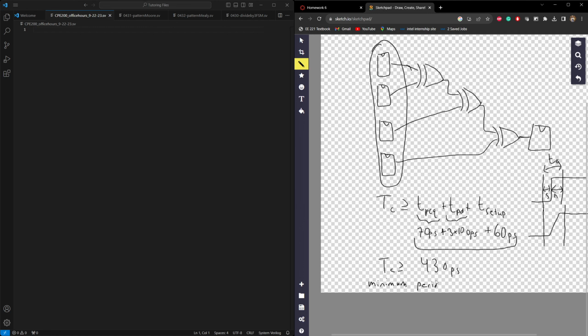Now, how do we find the maximum frequency? Is it 1 over TC? Exactly. So the max frequency is going to be 1 over TC, which is FC, and I'm going to just call it the maximum. So the maximum is going to be 1 over 430 picoseconds.